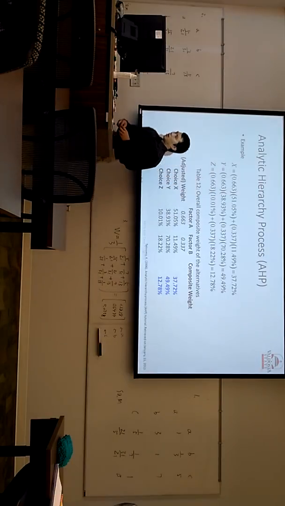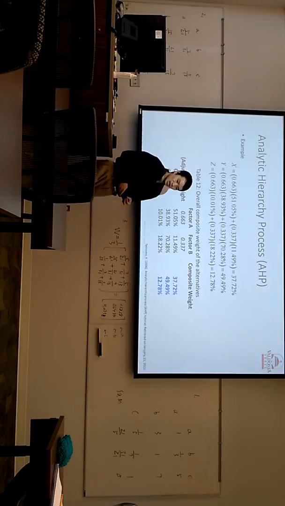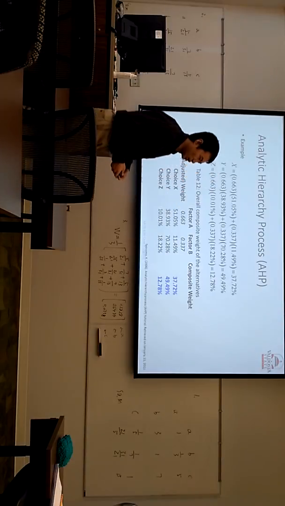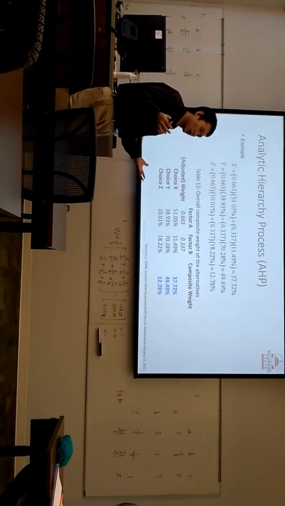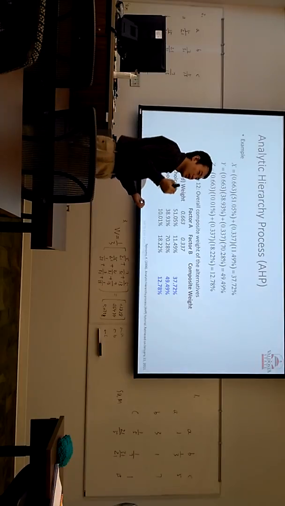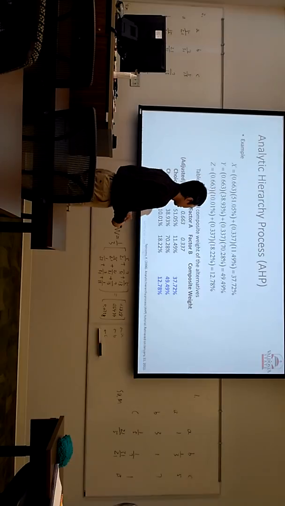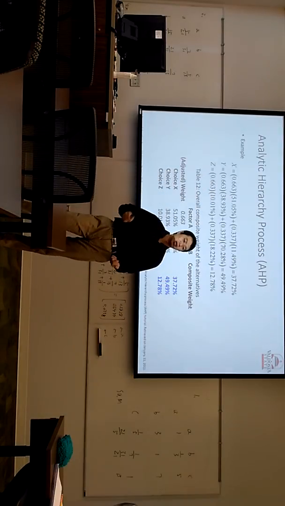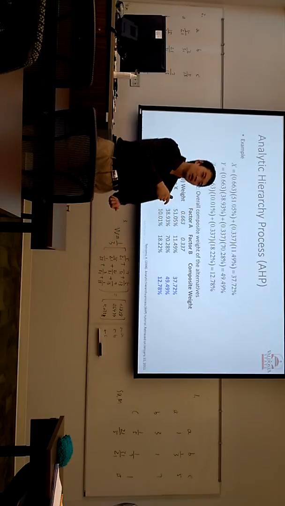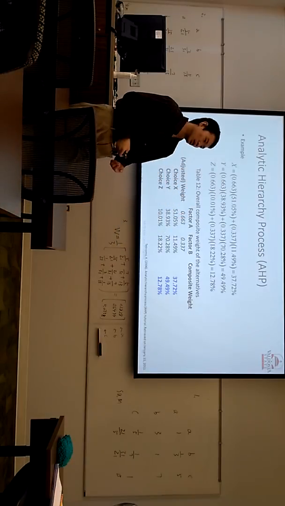After this AHP was developed, there are many versions. You can consider the fuzzy number. When we compare apple and banana, if I like banana better than apple, I put number 7.